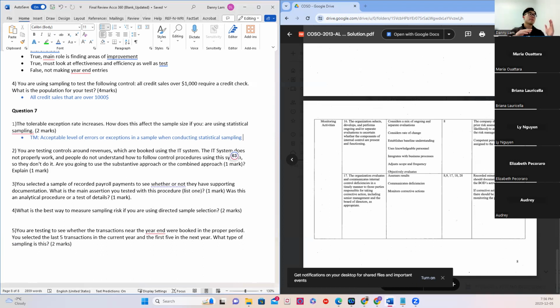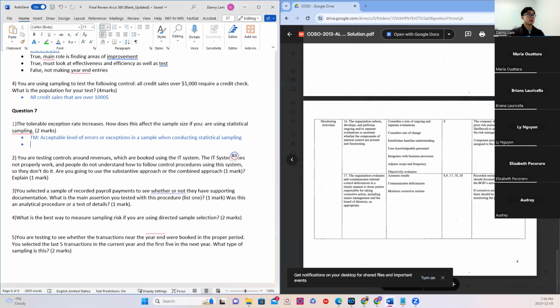But here, if you're increasing the error that you're allowing yourself, what does that mean? You're reducing the sample size. Let me write it down.